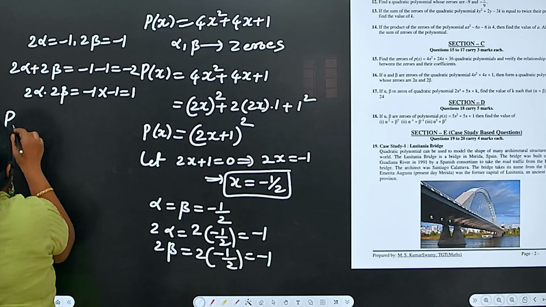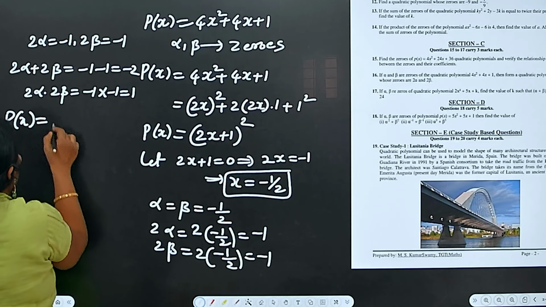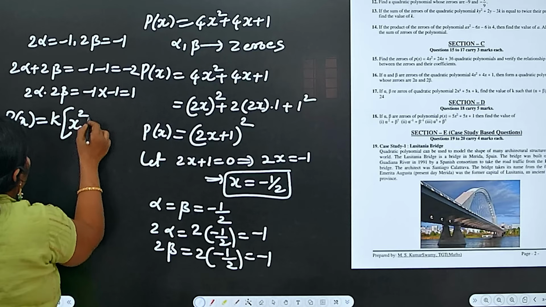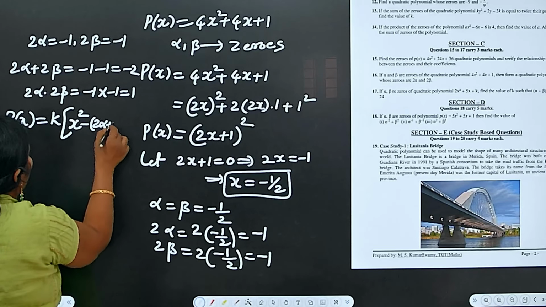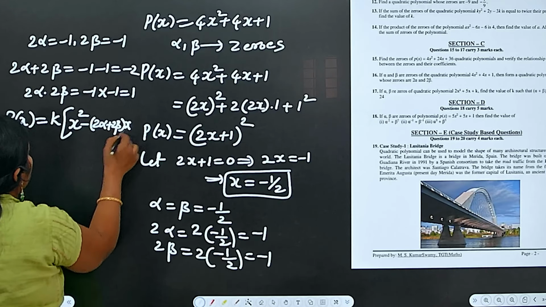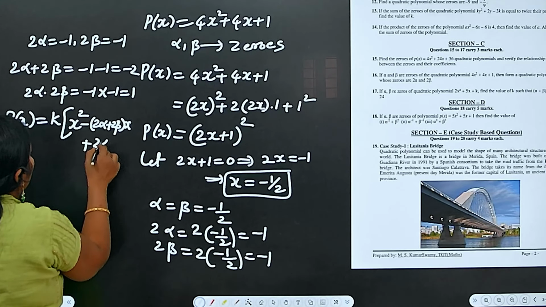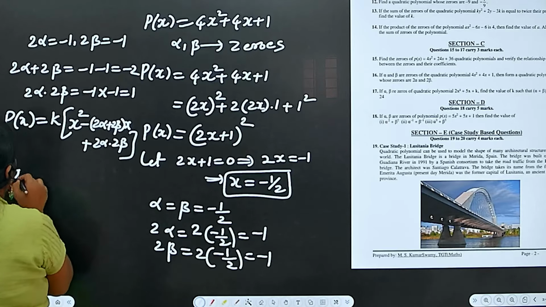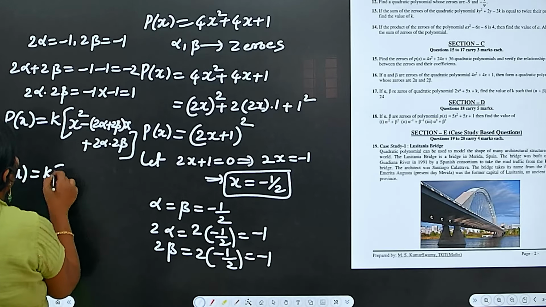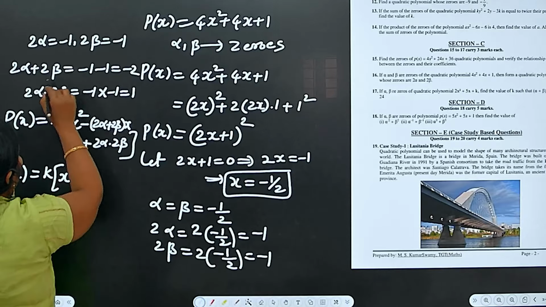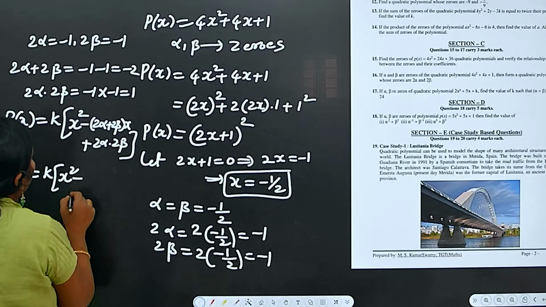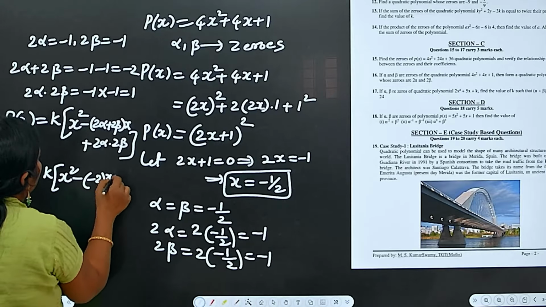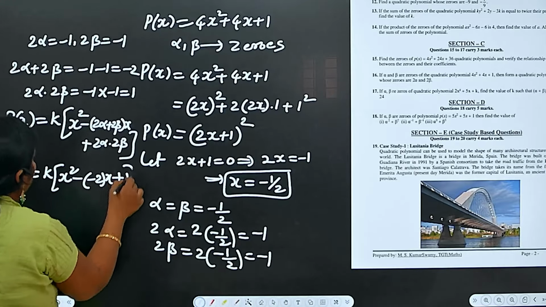So the new polynomial from 2 alpha, 2 beta is k into x square minus of 2 alpha plus 2 beta into x plus 2 alpha into 2 beta. So p of x equal to k into x square, 2 alpha plus 2 beta is minus of minus 2x plus 1.